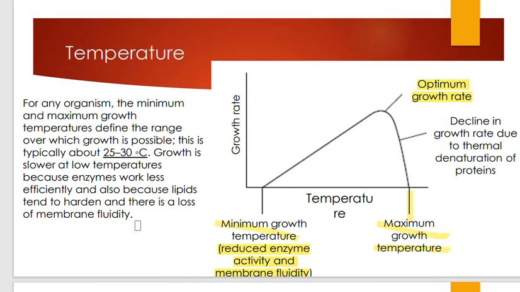Not only that, the cellular membrane of your microorganisms, which is composed mainly of phospholipids as well as the different fatty acids on its chain, will basically be solid at lower temperature. So that is why there is a reduced or slower growth rate for your microorganisms at lower temperature.